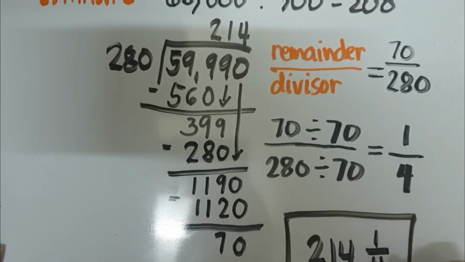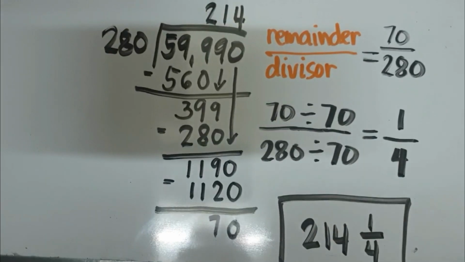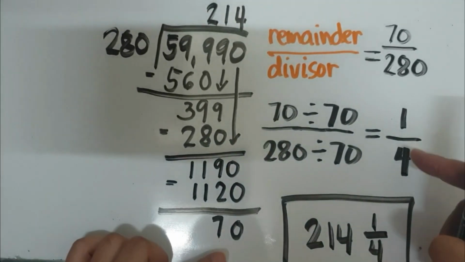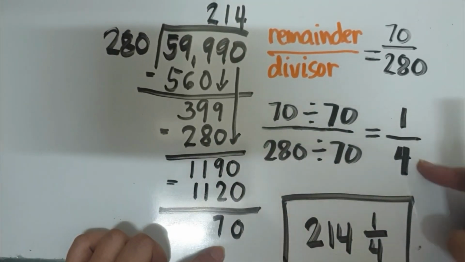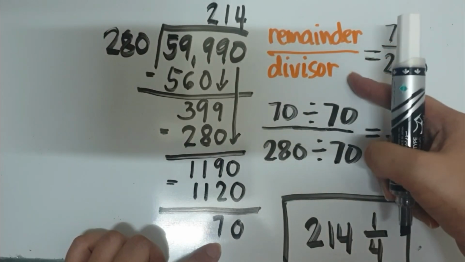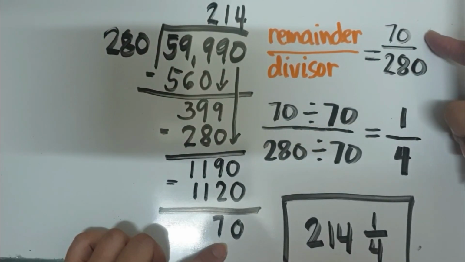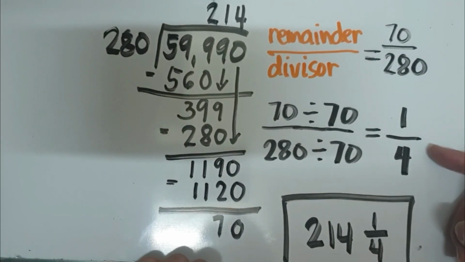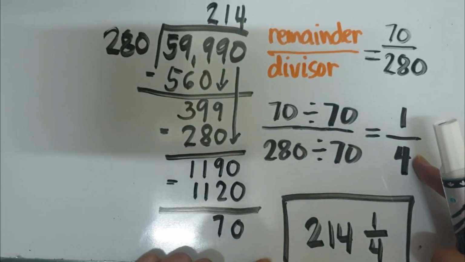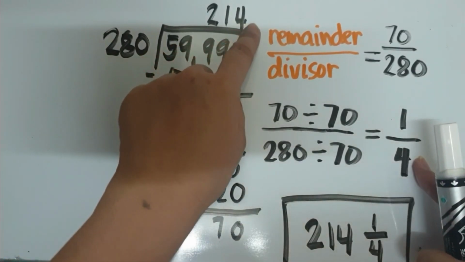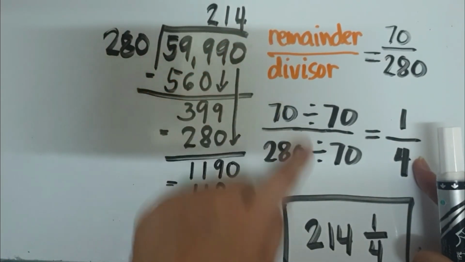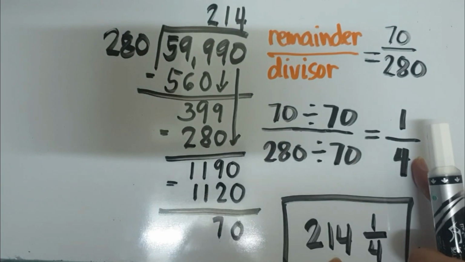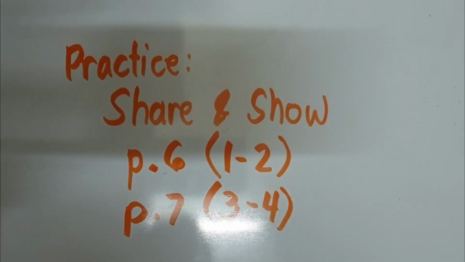So, that is how you write the remainder as a fraction. Again, to write the remainder as a fraction, it's the remainder over the divisor. The remainder is 70, the divisor is 280, and then simplify, that's where we get 1/4. And then put it beside our quotient, that makes it 214 and 1/4.